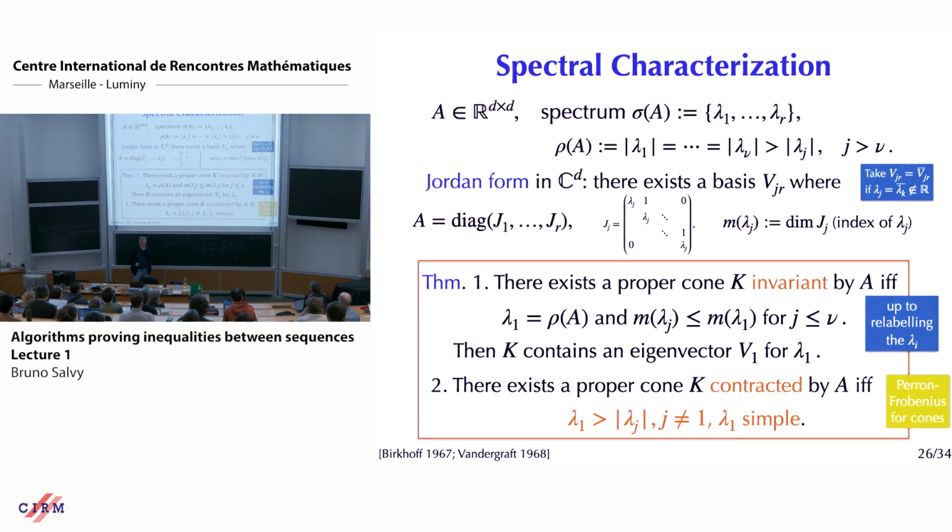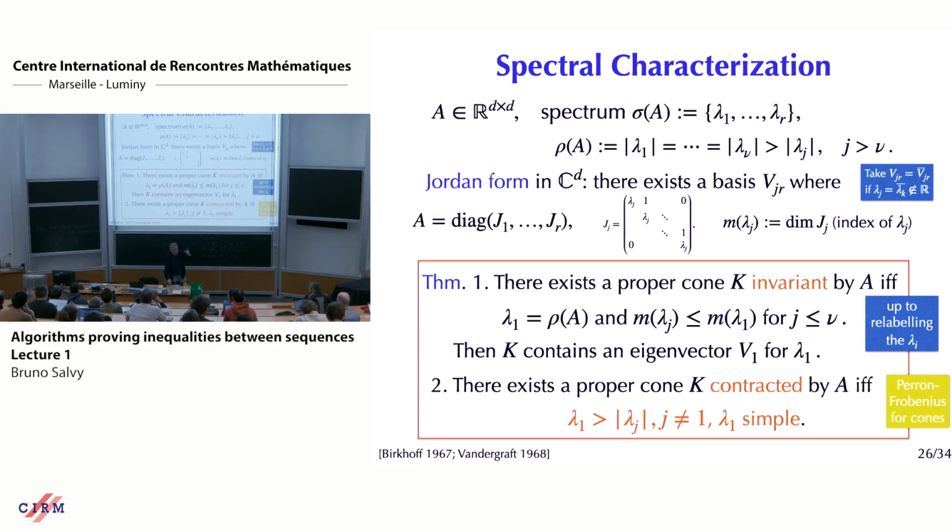And that's the Perron Frobenius theory for cones, because think of the cone, I will write big. Is it readable?